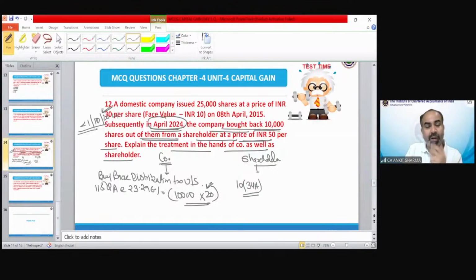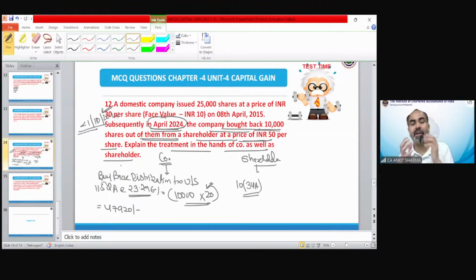So this is the 20 rupees which is going to be taxed at the rate of 23.296%. So this additional tax would be 47,920 rupees. In the hands of the shareholder, that is going to be exempted.